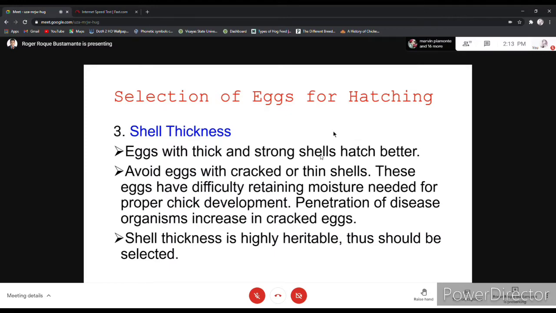Though it is a given that some breeds produce thin shells in their eggs, we can enhance and supplement by giving feed, especially breeder diet, possibly high in calcium. So that's it.